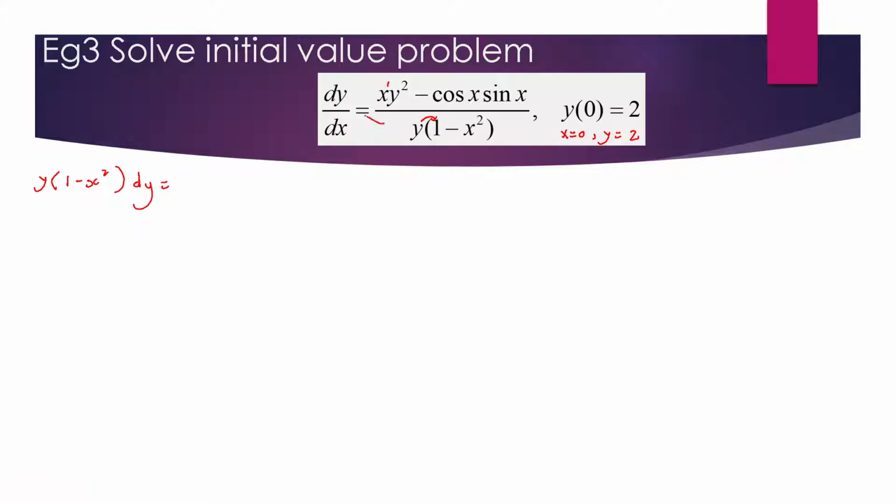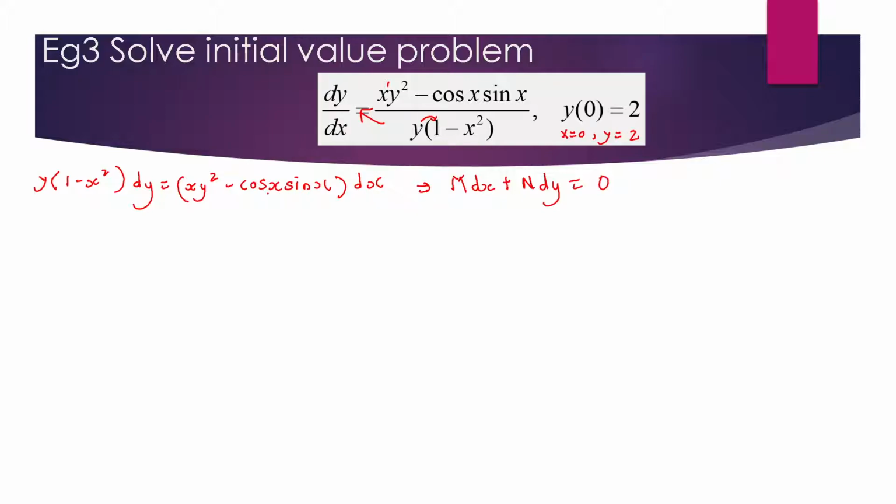So you do cross multiplication. So y times 1 minus x squared dy equals x y squared minus cos x sin x, the whole thing multiplied with dx. We want M dx, meaning we want the form M dx plus N dy equal to 0.